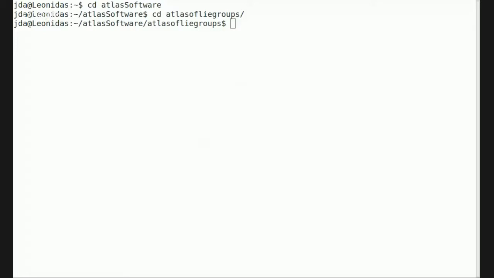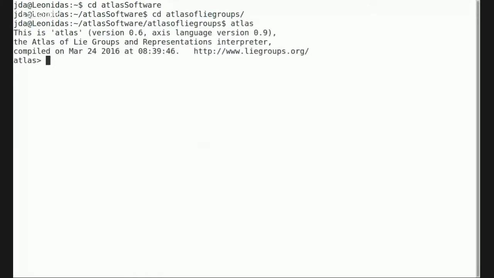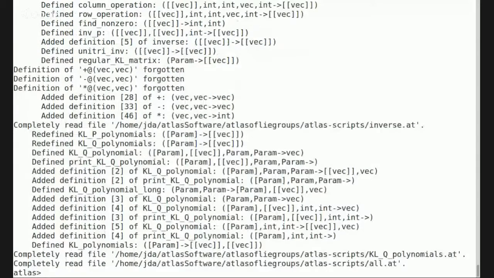All righty. So let's see. Let's launch the software. All right. I changed the all file so that it really loads almost everything now. And so I'm just going to load all.